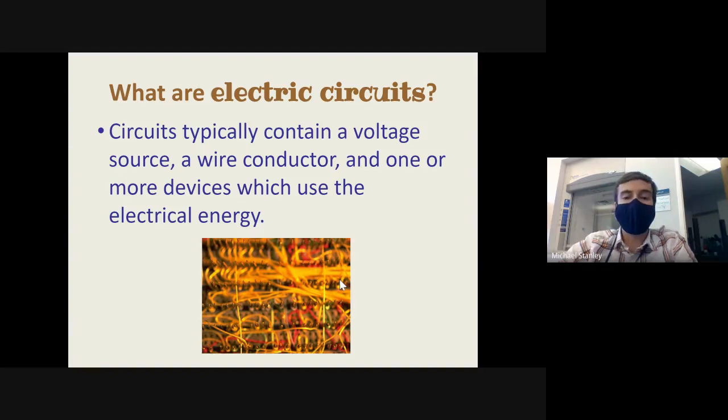In a circuit, we usually have some sort of voltage source, like a battery or generator, some sort of conductor, usually a little wire, and then some sort of device that is using our electrical energy, whether that is a light bulb or a little motor or whatever it might be. That device is using the energy being provided from our voltage source.